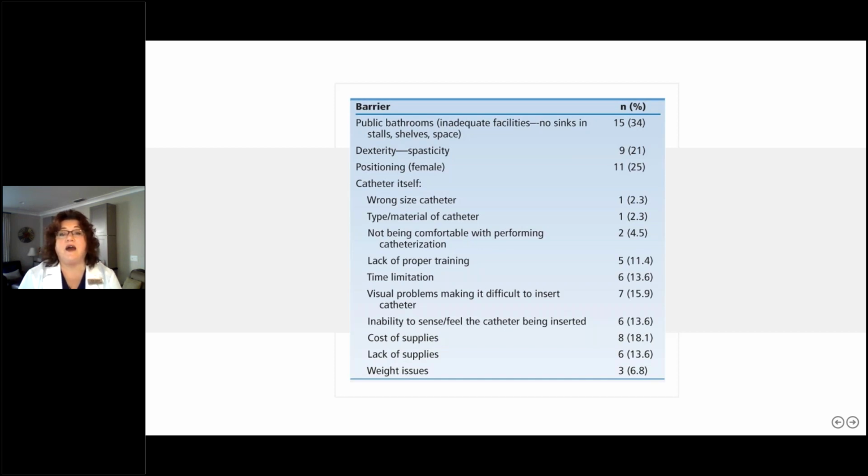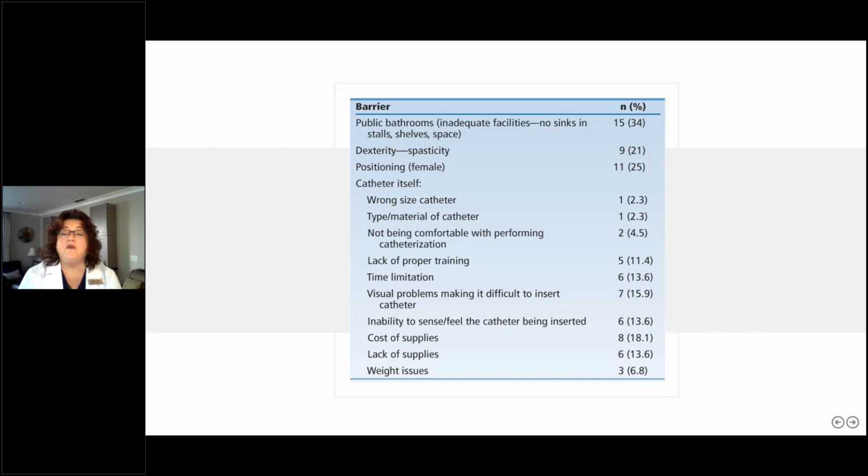They had trouble with that. With females, positioning was a problem, mostly probably with obese patients. The inability to sense or feel the catheter being inserted was also a problem, along with the cost of supplies. Visual problems made it difficult to insert catheters as well.